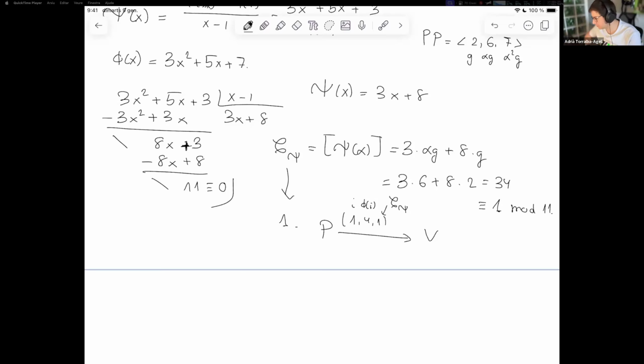If everything is clear, we are going to go to the last part of the protocol, in which the verifier needs to verify all these things.